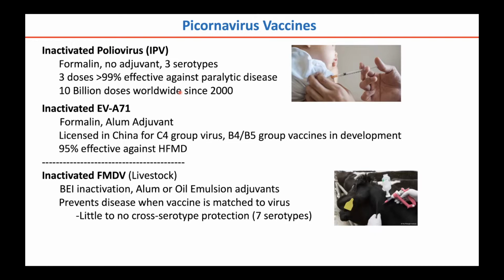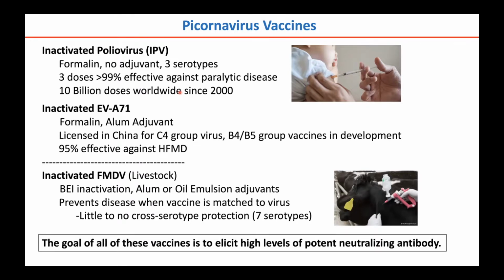There's a vaccine for foot and mouth disease virus. We've learned a lot about cross protection against the various serotypes of FMDV and how the vaccines have to be modified in order to confer optimal protection to prevent disease. The goal of all of these vaccines is to elicit high levels of potent neutralizing antibody, and that's the correlate of protection for these vaccines.